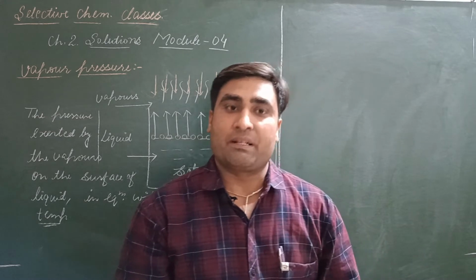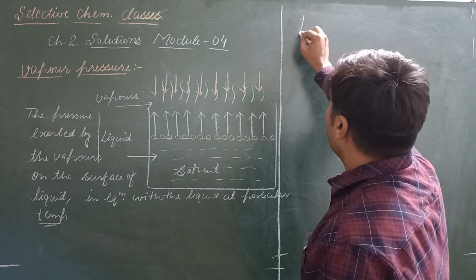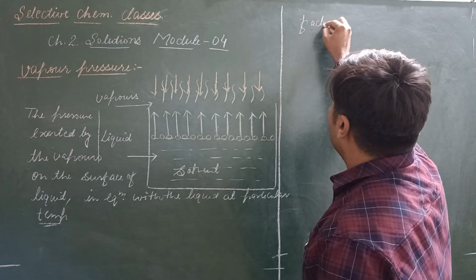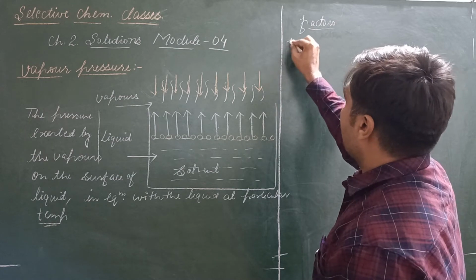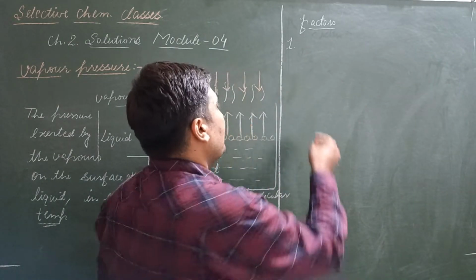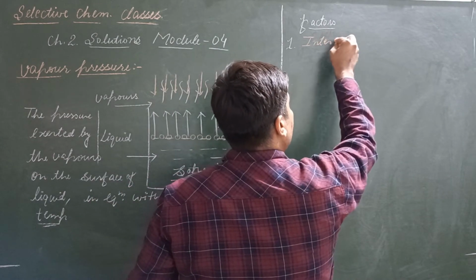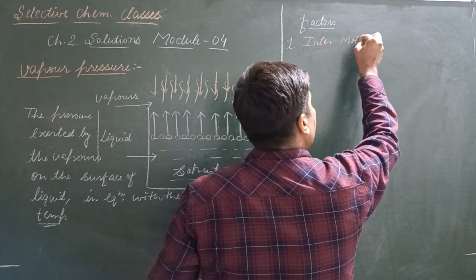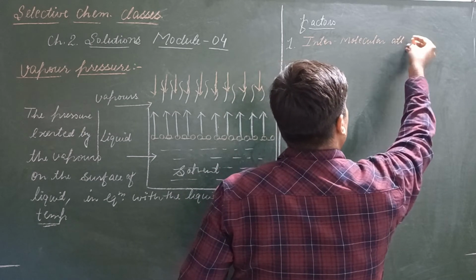Now what are the different factors that affect the vapor pressure? Let's take them one by one. The first factor is the intermolecular attraction between the molecules, you can say.